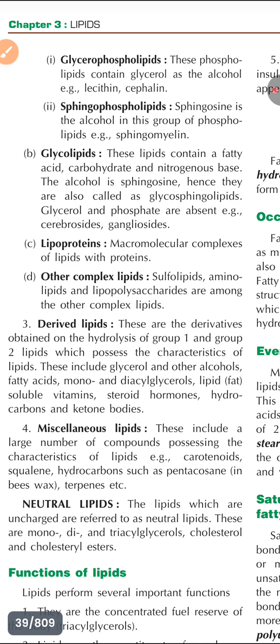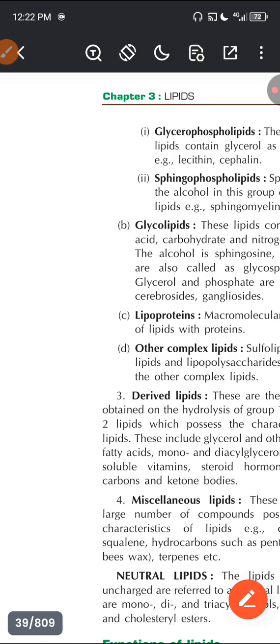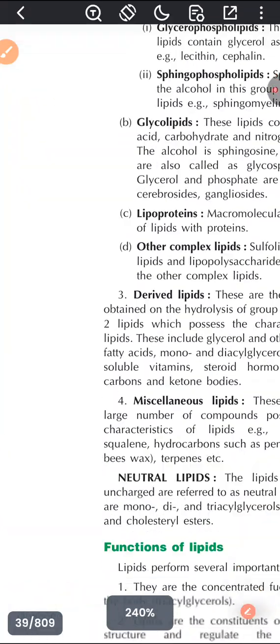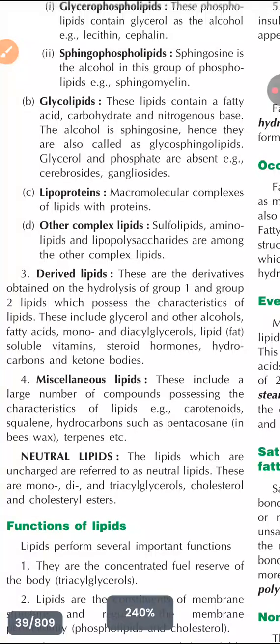These include glycerol and other alcohols, fatty acids, mono and diacylglycerol, and fat soluble vitamins. Then it contains sterols, hydrocarbons, and ketone bodies. We are all going to see them. It's just that I am introducing you to lipid chemistry.